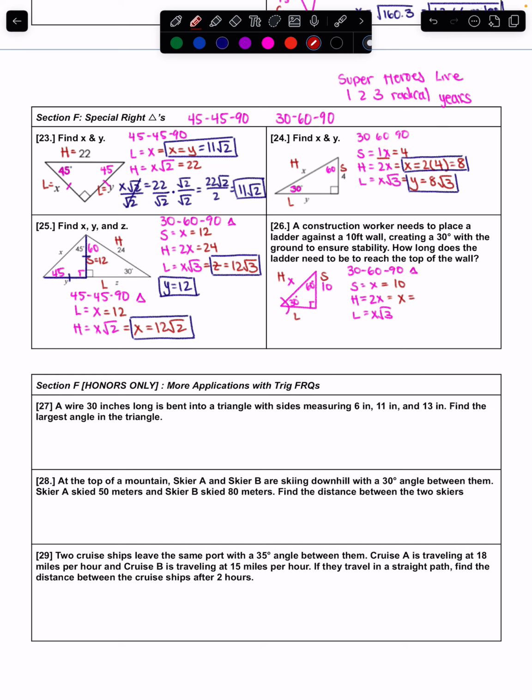So in order to find my x value, or my missing length, I just take 2, and we know x is 10, so 2 times 10 equals 20. Okay, so that means that the ladder, this is in feet, so the ladder has to be 20 feet.